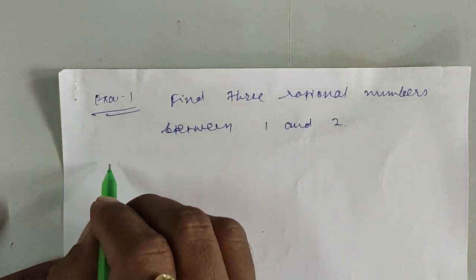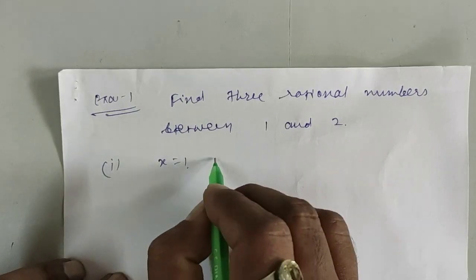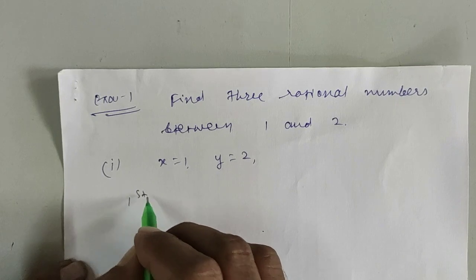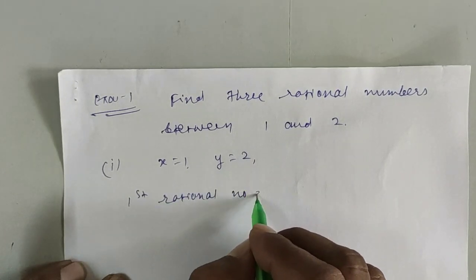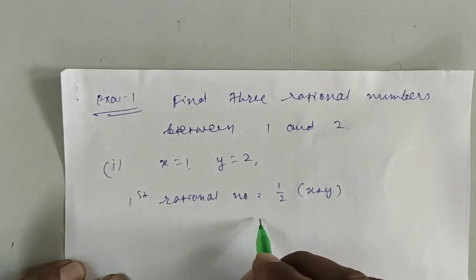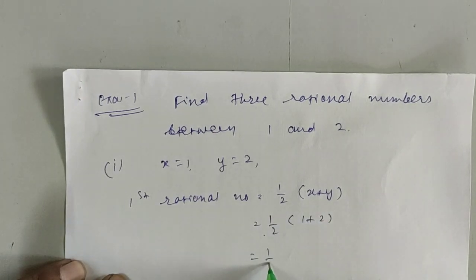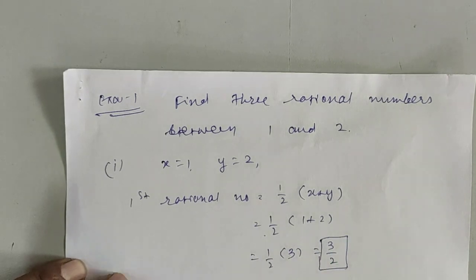Refer to the first result. Let x equal 1 and y equal 2. The first rational number is 1 upon 2 (x plus y) equals 1 upon 2 (1 plus 2) equals 1 upon 2 times 3 equals 3 upon 2. This is the first rational number.